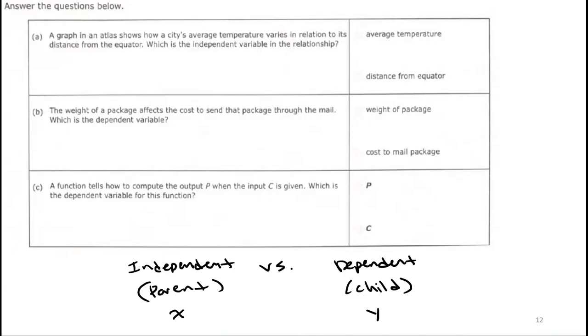Another way to think about this is input and output. Sometimes X is referred to as the input, because we're putting values in for X, and then Y will be the output. It is affected by whatever is inputted for X.